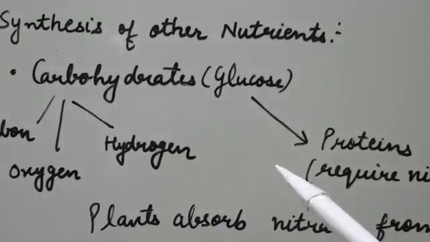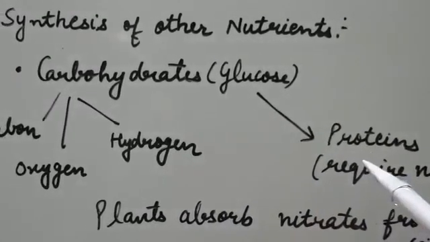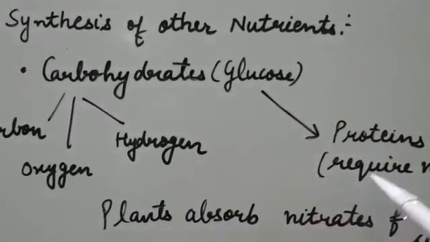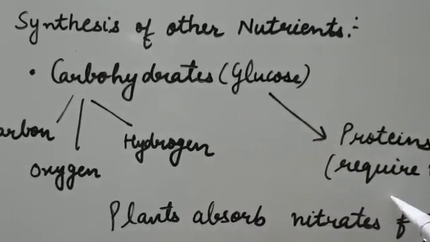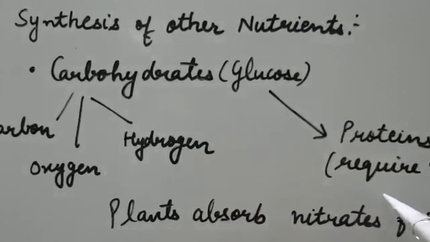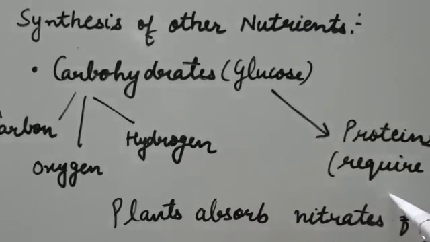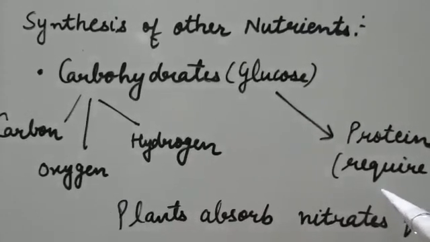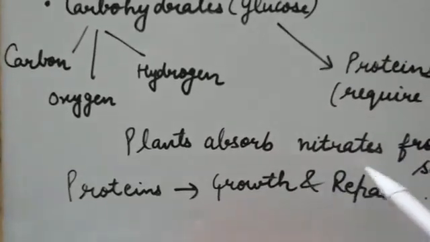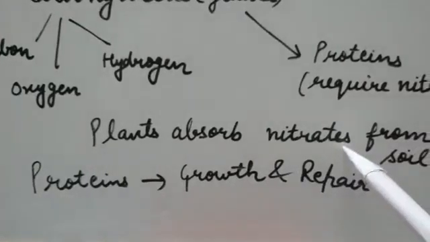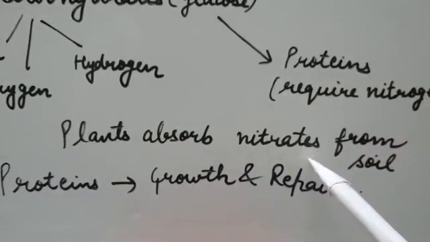Glucose is converted into other nutrients like proteins in plants. Proteins require nitrogen. However, we know that plants are not able to absorb nitrogen directly from the atmosphere. Plants absorb a usable form of nitrogen dissolved in water, which we also call nitrates. They absorb nitrates from the soil.